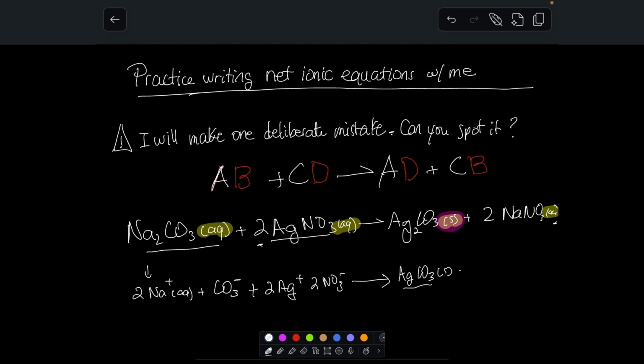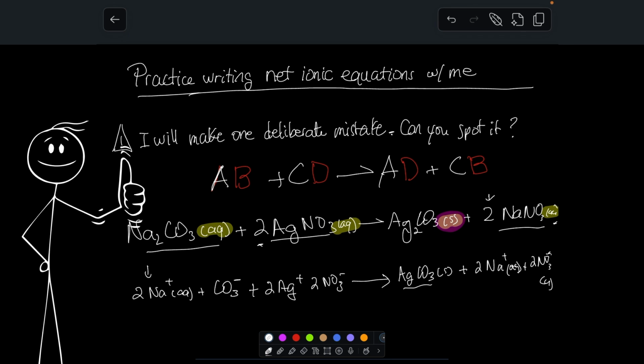The next one, because it is aqueous, will have to break apart. Okay, so what are the 2 main ions involved here? You're right, it will be sodium and nitrate. Now remember, there's that coefficient over here, so we have to have 2 sodium ions, aqueous, plus 2 nitrate, NO3 minus, aqueous. Very good.